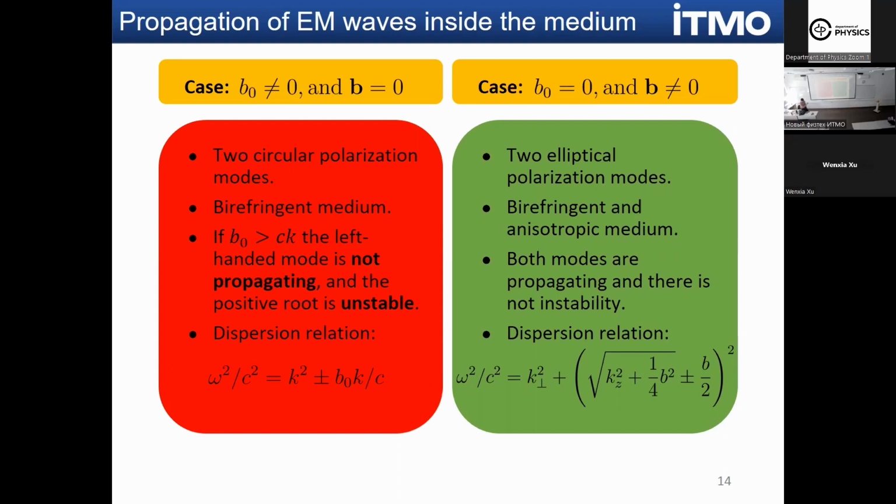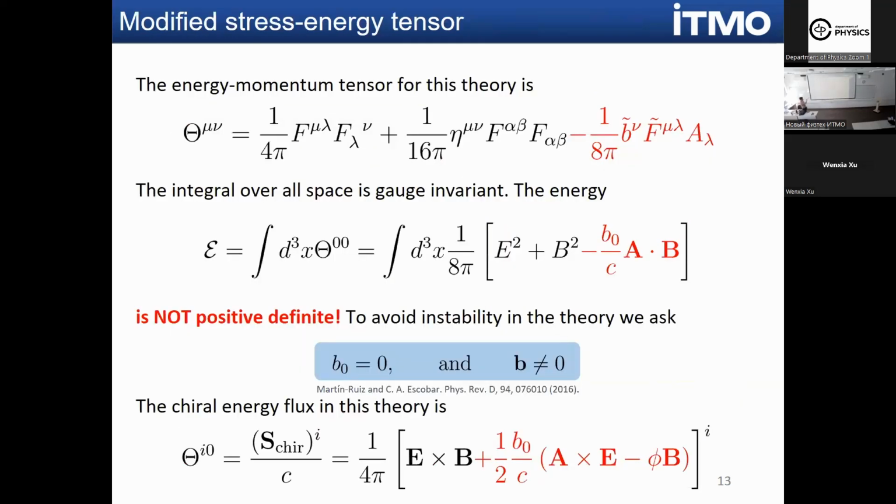So if B0 is small enough, do you still expect some stability? No. Of course, somehow if B0 is large enough, maybe it can introduce some problems. So we have to avoid these problems.